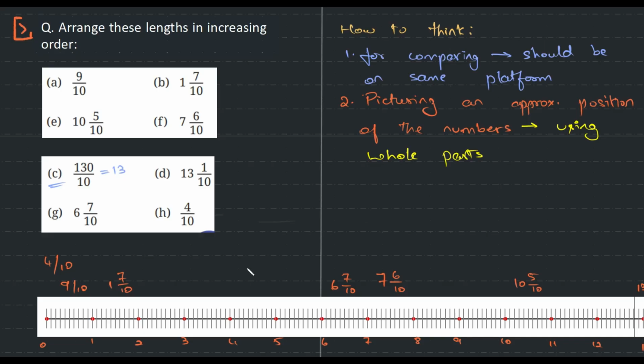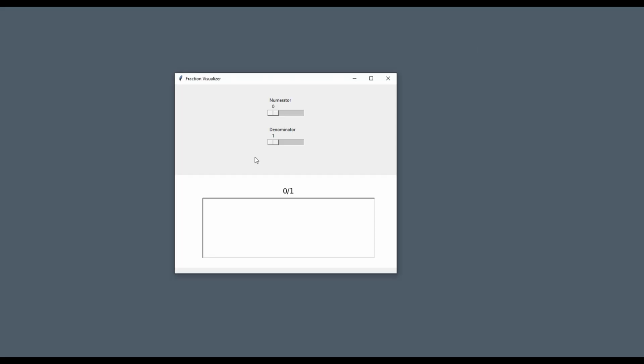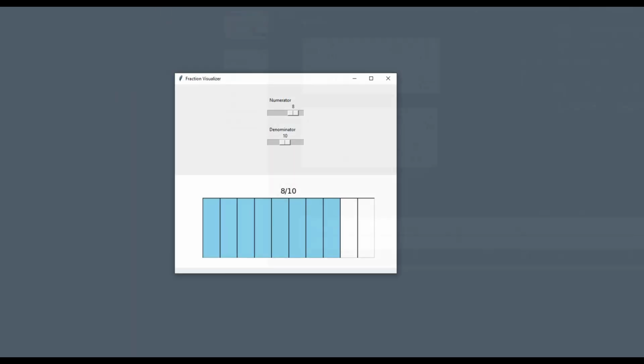We just have to, there's a clash between the first one. Is 4 by 10 bigger than 9 by 10? No, right? 9 by 10 is bigger than 4 by 10. So let me show it this way. So first thing is I need 10 equal parts, which I have now. So 4 by 10 is this many. And next is 9 by 10. 9 by 10 is this many.